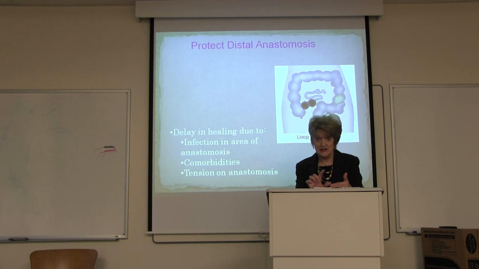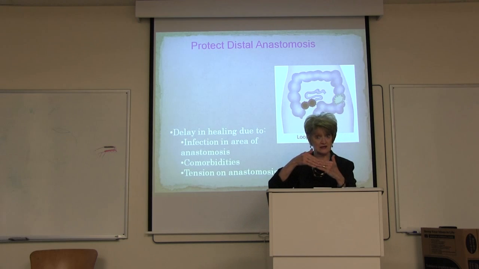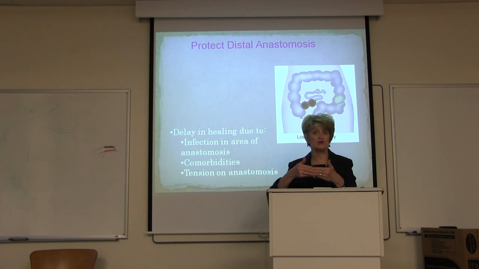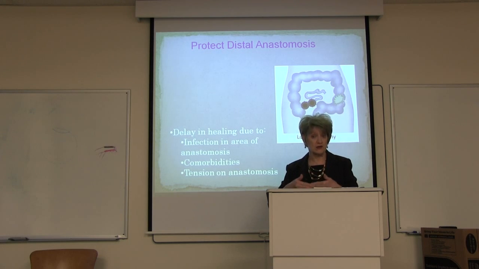In that procedure, they take out the entire rectum all the way down to just above the anal canal. Then they bring the colon down and connect the colon to the anal canal. But again, if that anastomosis is under tension, they're going to want to give that anastomosis plenty of time to heal, and they're going to come up the line, as we always say, and do a loop ileostomy.